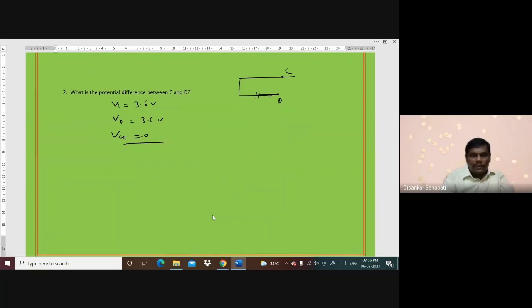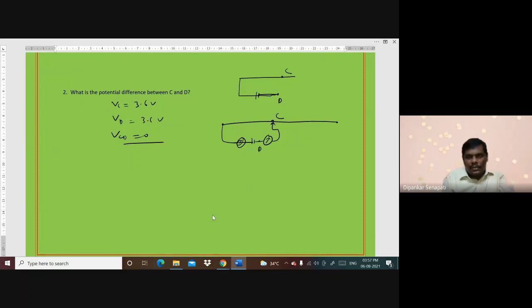Therefore, if we use a sliding key, we can balance the galvanometer for zero deflection. Sorry, there is a battery and then a galvanometer for zero deflection. What happens? We can see the potential at C and the potential at D are the same.